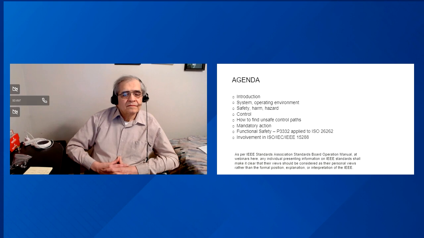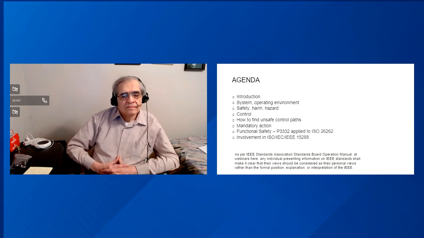Next, we get into the heart of the analysis when we discuss how to find these unsafe control paths and the mandatory actions that represent the principles of control-oriented system safety analysis.